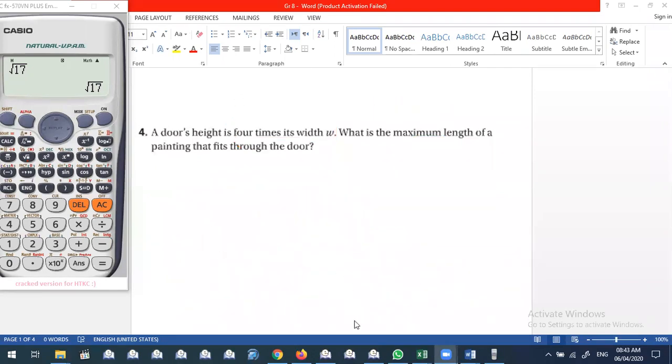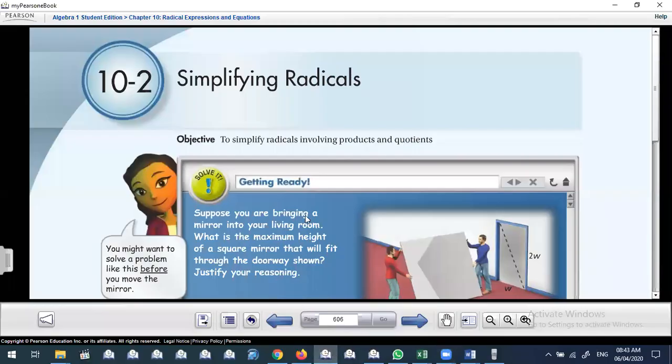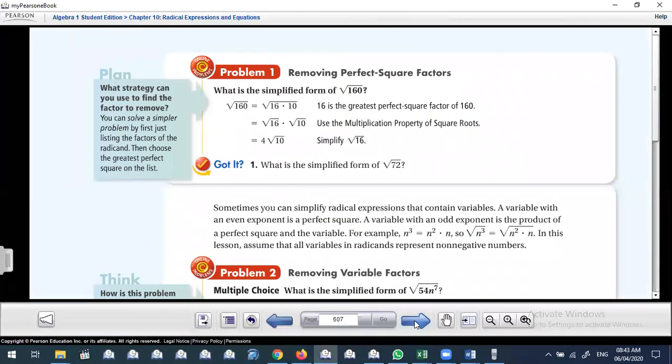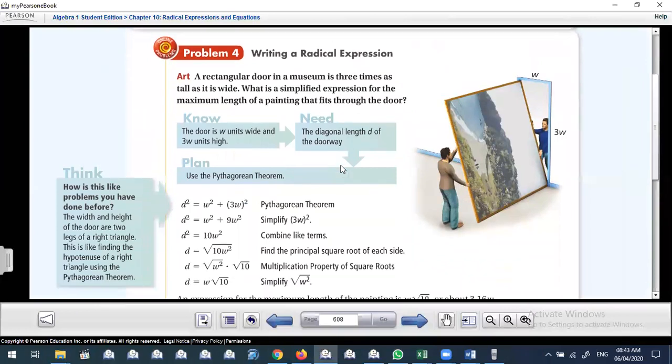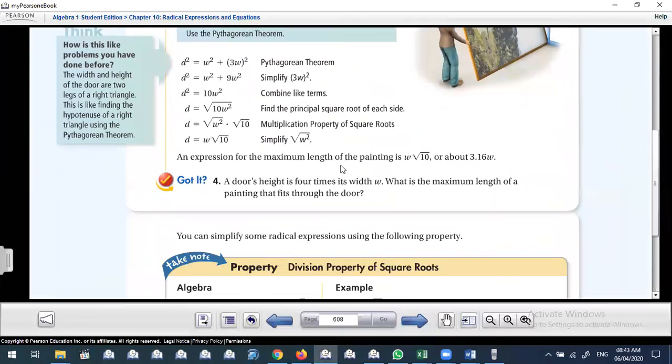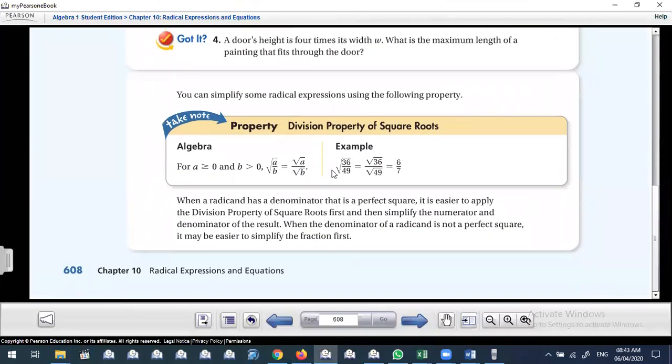Let's move to another part of this lesson, which is division of square roots. If we have a more than or equal to 0 and b more than 0, then for the square root of a over b, I can distribute the square root among the division.